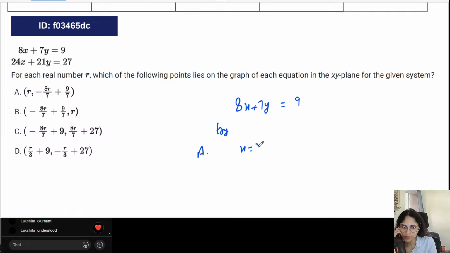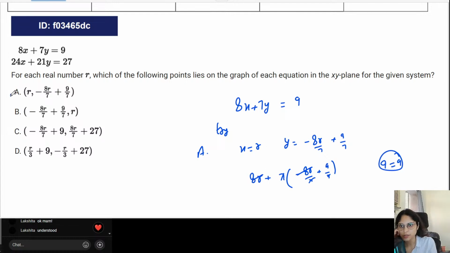So a is x is equal to r, y is negative 8r over 7 plus 9 over 7. So 8 times x is going to be 8r. Now you're doing 7 times negative 8r over 7 plus 9 over 7. 7 is going to cancel. 8r minus 8r is going to cancel. You're getting 9 and that is equal to 9. So yeah, this is your answer.